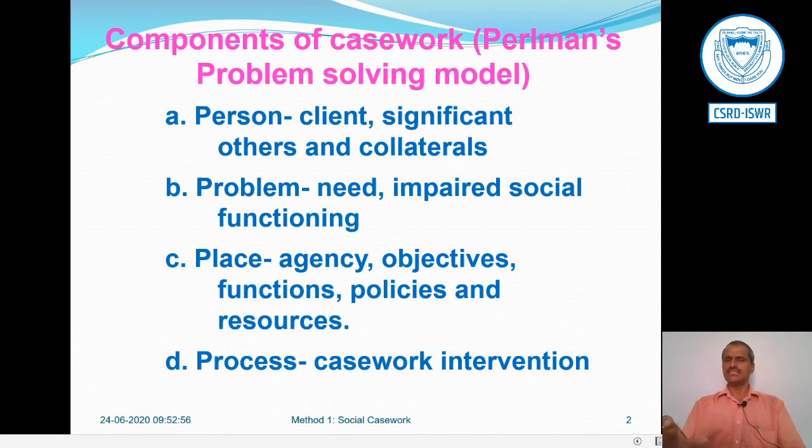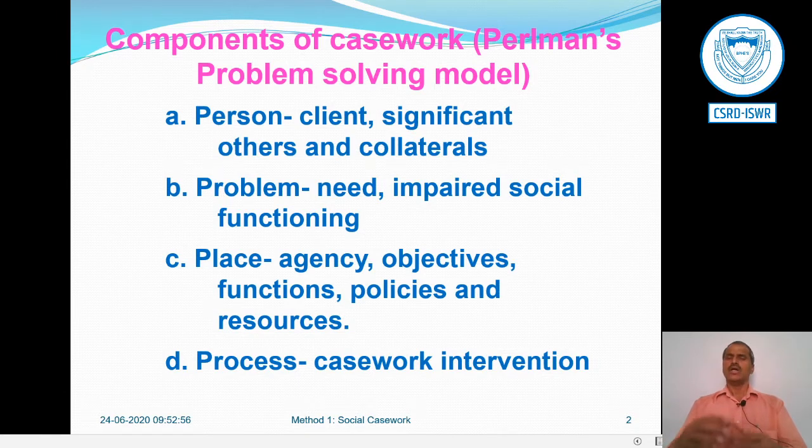So this agency is the place which has an office setup, which has a confidential private office setup where the client can share his problems, his needs openly and confidentially with the social worker. So that is the agency.